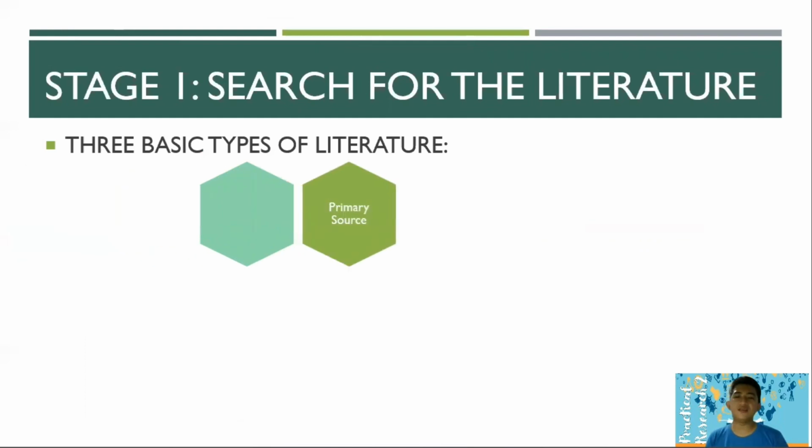Publications that present original research in its original form are considered primary sources. These present new things, discoveries, results, and unite them with the existing knowledge base. So when we say primary source, it's the main source of ideas that we may use for our RRL.